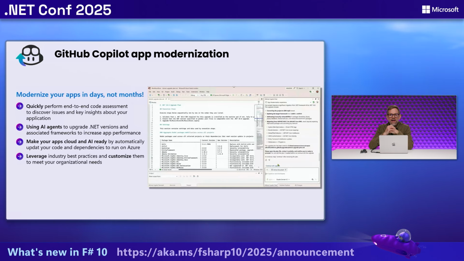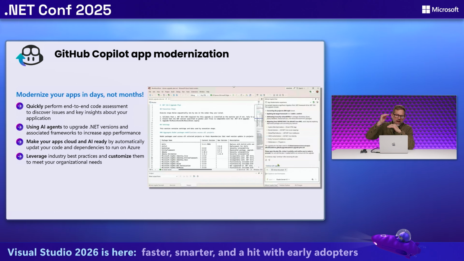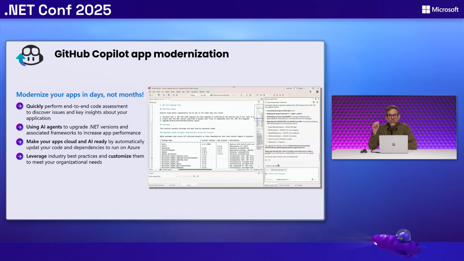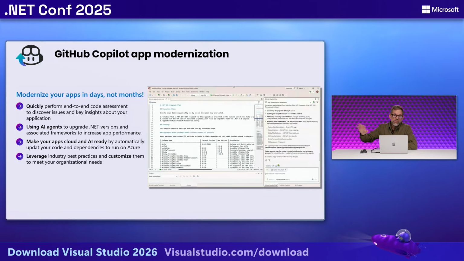It first gives you a code assessment. It goes through and figures out, all right, I want to do A, B, and C, and maybe I have some security issues that we have to fix. Here's what you need to fix, and here's how you're going to do it. So it does all this hard and tedious work for you, and then you can just set off Copilot and do it.